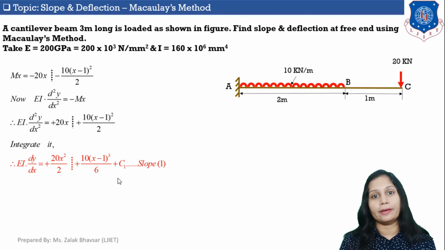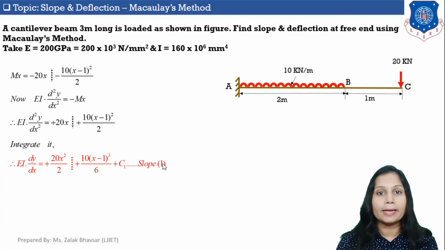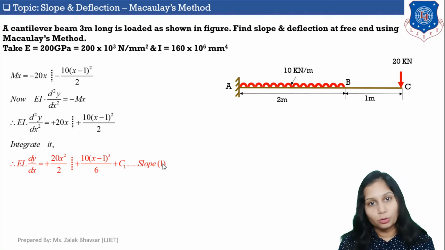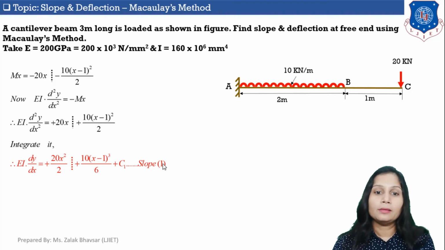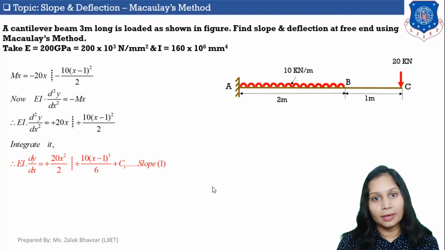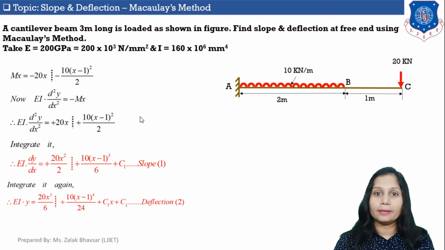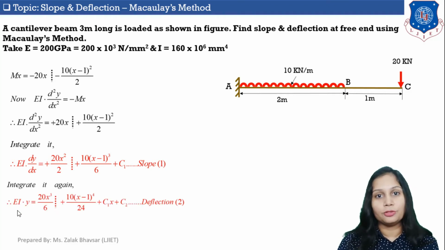C1 is the integration constant. So we will get equation number 1, which we will use for calculating slope. Now let's integrate the equation again. Then we will get equation as EI into y.